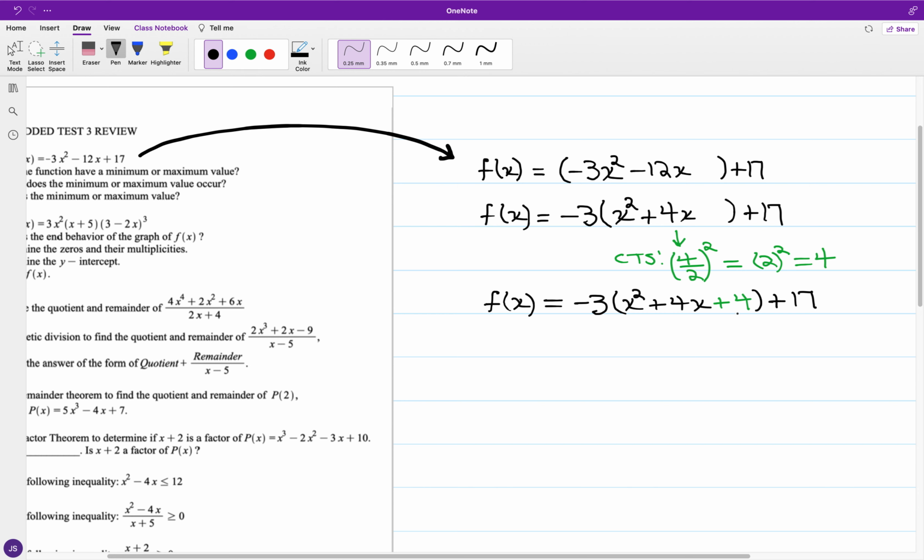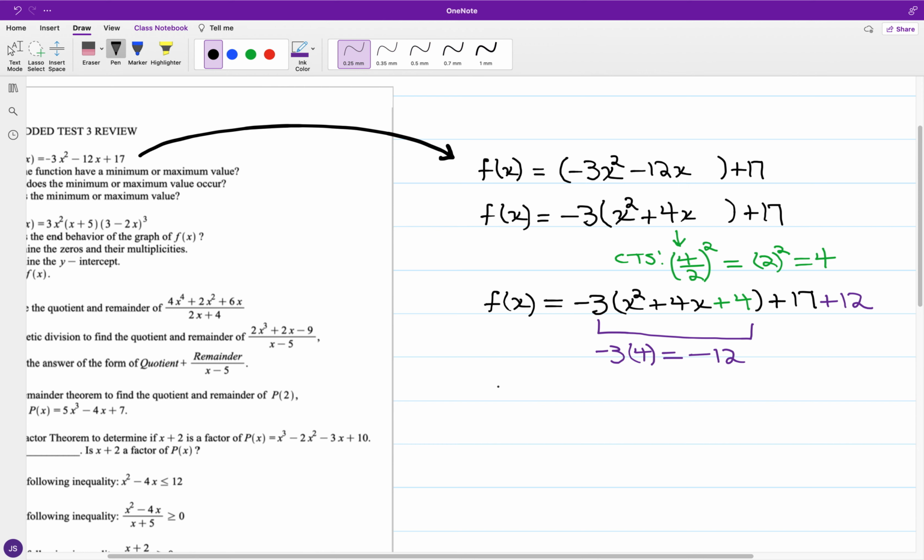I'm adding 4 within the parentheses, but in effect, as I'm adding 4 within the parentheses, I'm actually adding negative 3 times 4 at the front. By adding 4, I'm collectively amounting to the subtraction of 12 from what I had earlier. So to offset this imbalance, if I'm in effect adding negative 12 at the front, I'm going to offset by adding 12 at the back.